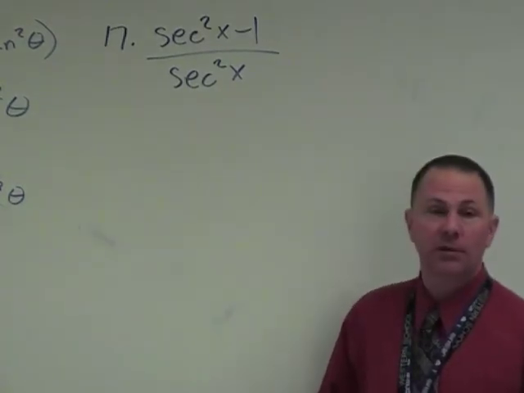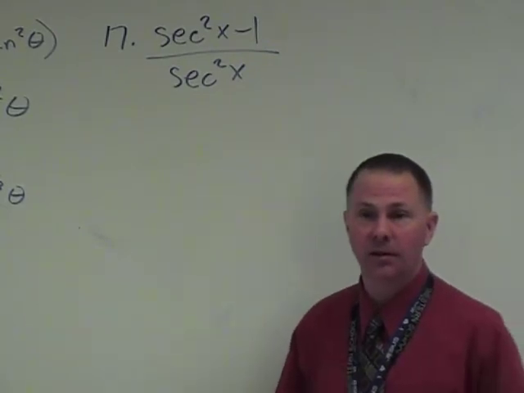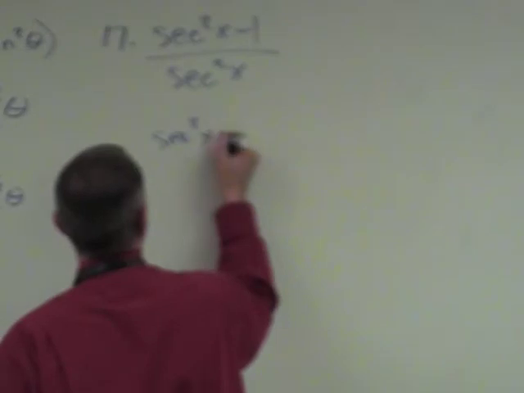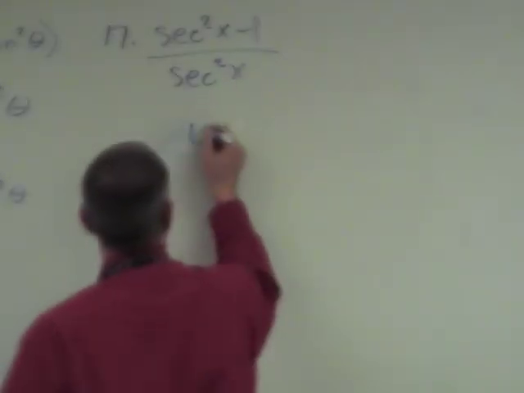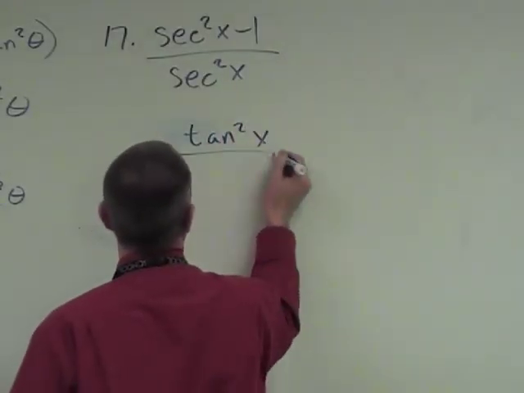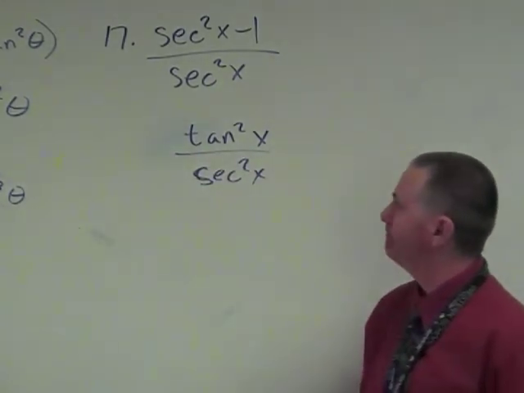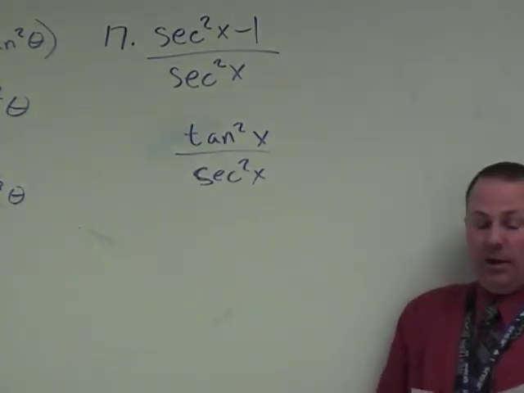How about secant squared of x minus 1? What does that equal? Secant squared of x minus 1 is going to be equal to what? Tangent squared of x. So if we subtract the 1 over here, we have that. So we have tangent squared of x over the secant squared of x. Okay, we still don't have sine and cosine.